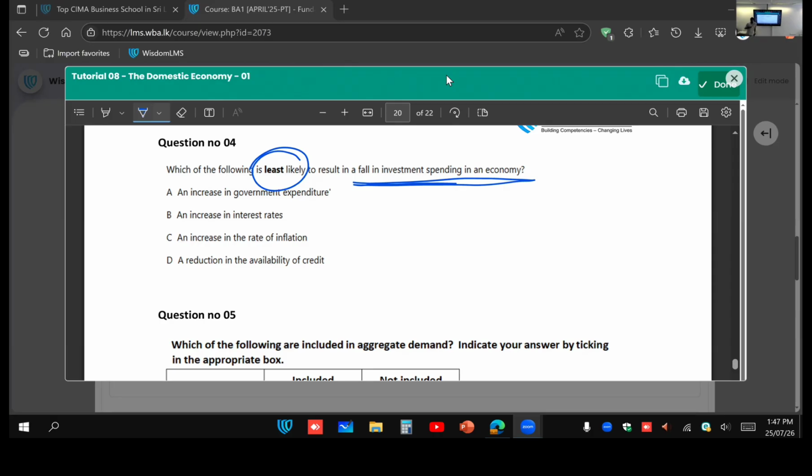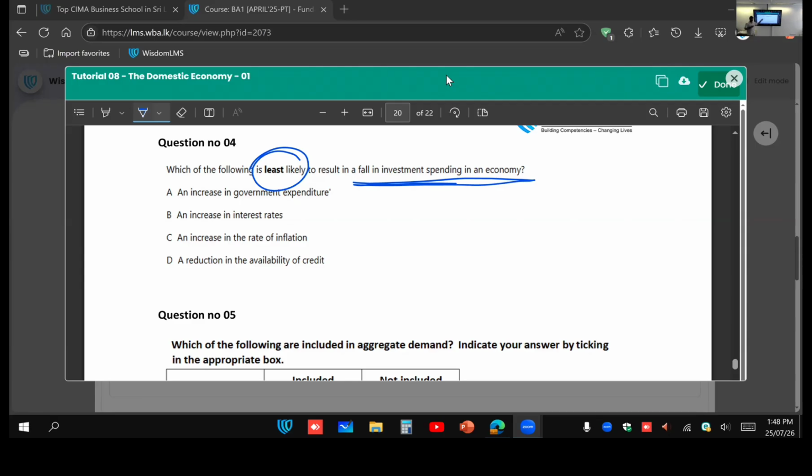Okay, so here, those who say the answer is A, raise your hands. B, C, D. Right, okay. A is the answer, correct. So B, an increase in interest rates: borrowing will go up, so investments will become costlier and unattractive.